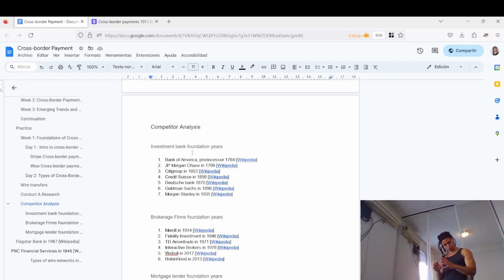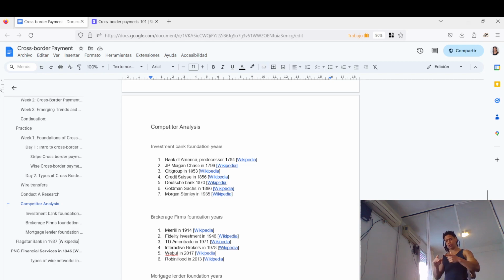The whole point is not only to memorize which year each was founded, which is very interesting, but also to recognize how old each of those players in the financial arena are.